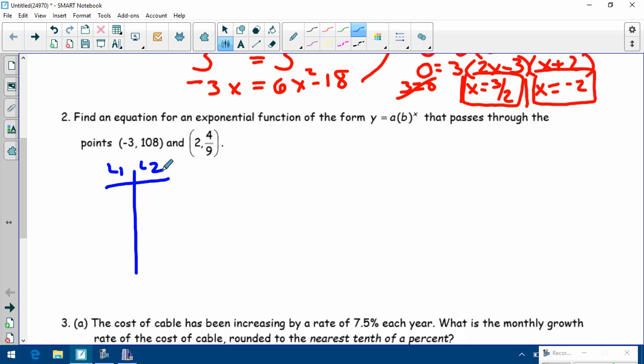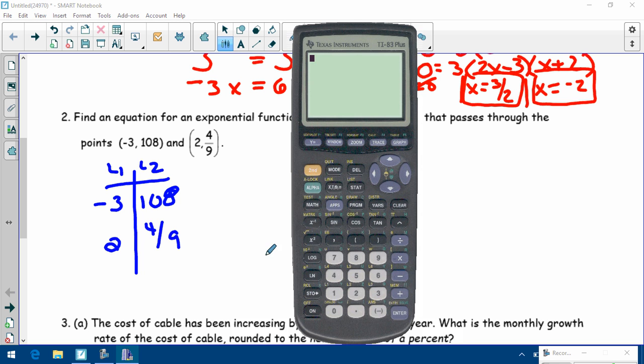L1, L2. We're going to put in the points (-3, 108) and (2, 4/9). So here's my calculator. I go to Stats, Edit, clear out any lists that are in there. -3 and 2. And then over here we have 108 and 4/9.